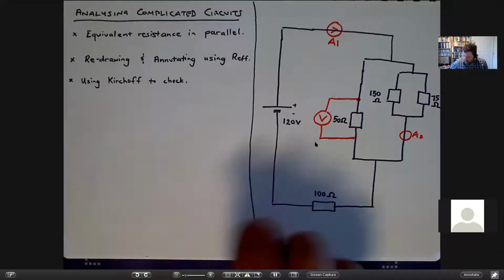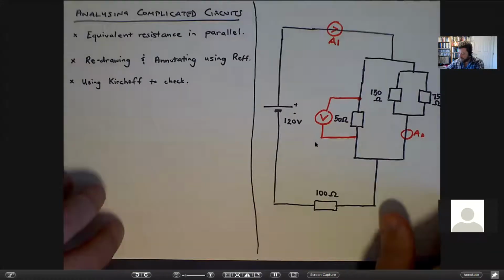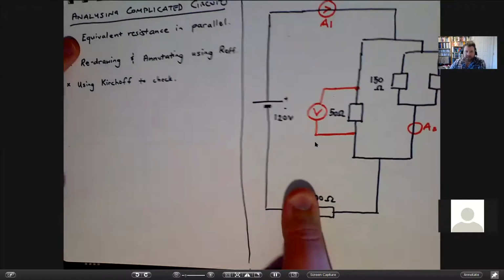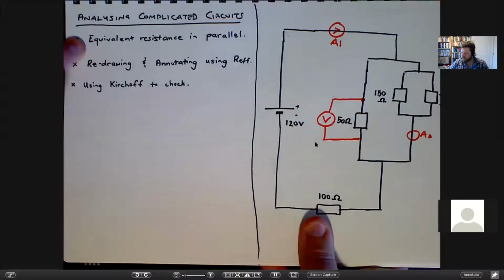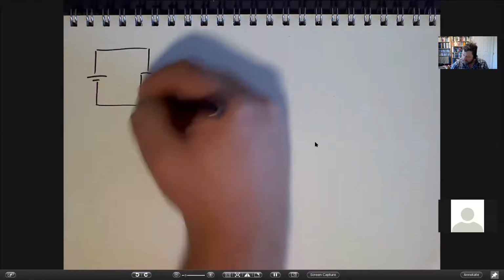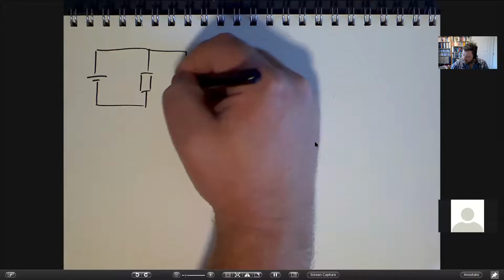All right. So we'll come back to this in a moment. But first off, we're just going to look at how do we calculate equivalent resistance in parallel. And we did it in the video by just looking at a whole circuit which had a parallel component on it.